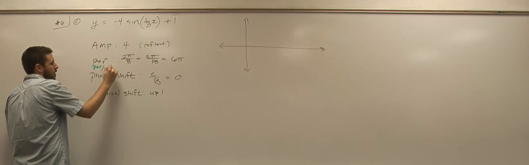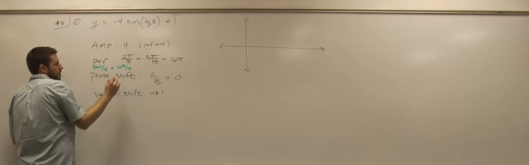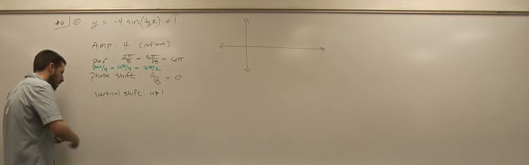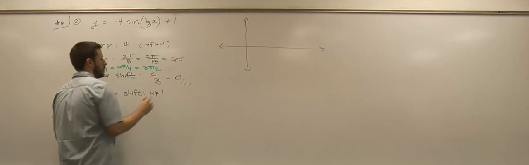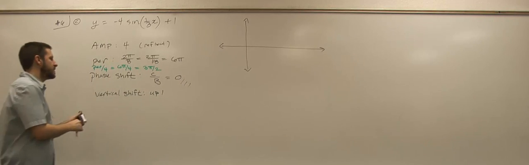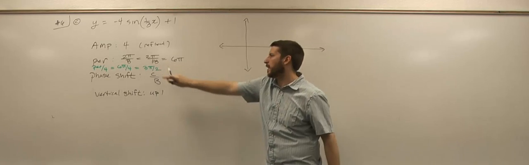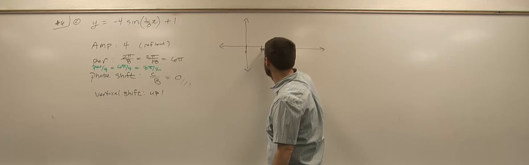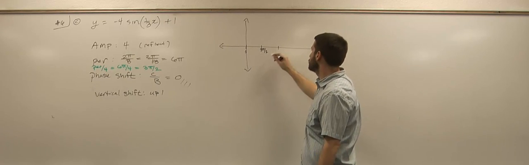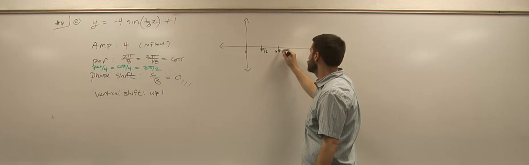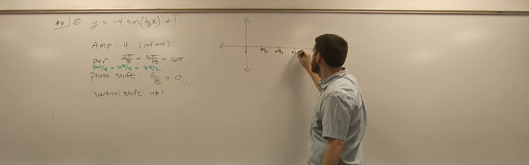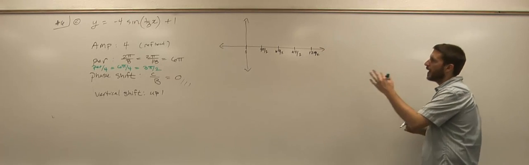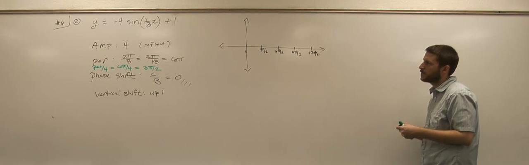Period divided by 4 is 6 pi over 4, so 3 pi over 2 when you reduce. Since I'm starting at 0, my first important x value will be 0. My next one will come 3 pi over 2 units later, then another 3 pi over 2: 6 pi over 2, 9 pi over 2, 12 pi over 2. You keep adding 3 pi over 2 to get your next important x value.